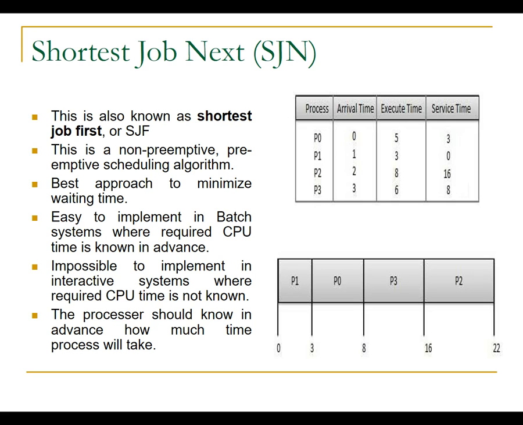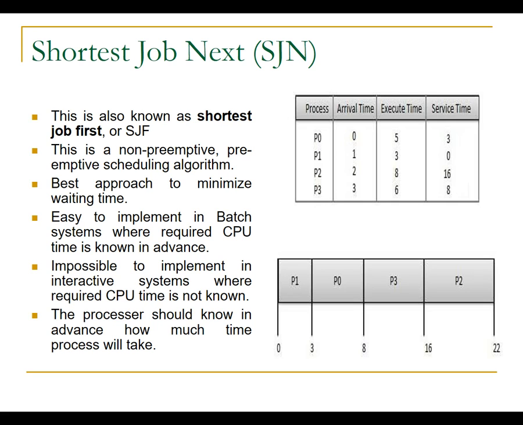And if the process is unknown, then the execution time is also unknown. For that type of process or bunch of processes, this particular algorithm will not work. This is one of the major disadvantages of shortest job next.